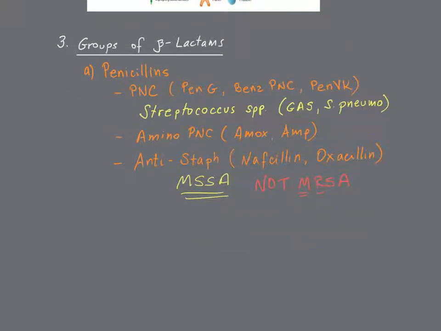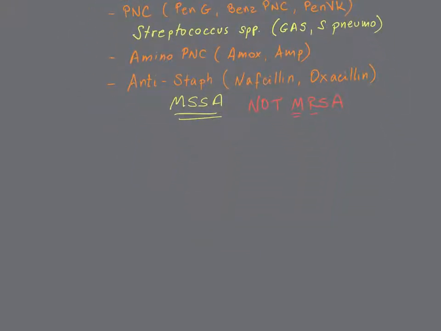The fourth category in the penicillins are the anti-pseudomonal penicillins, also called extended spectrum penicillins. These antibiotics have a very broad spectrum of activity, including Enterobacteriaceae, like Enterobacter, Klebsiella, and also Pseudomonas, and that's why these are called anti-pseudomonals.